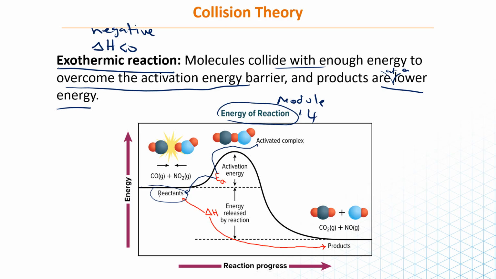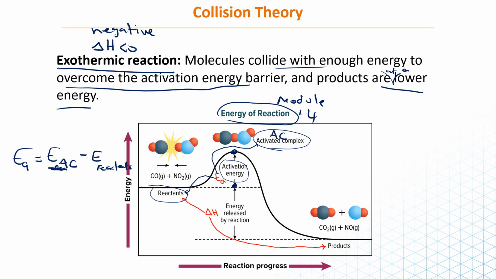Okay. So you start with the reactants, and then you need to go up here. So this point, guys, the top point is where the activated complex is being formed. And the difference between the activated complex and the reactants is the activation energy. Activation energy is the energy of the activated complex, which we call the AC, minus the energy of the reactants.